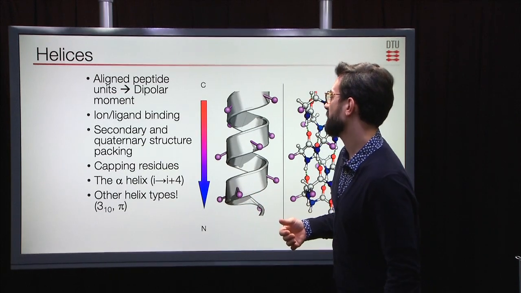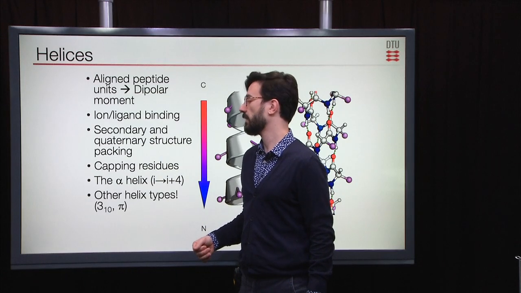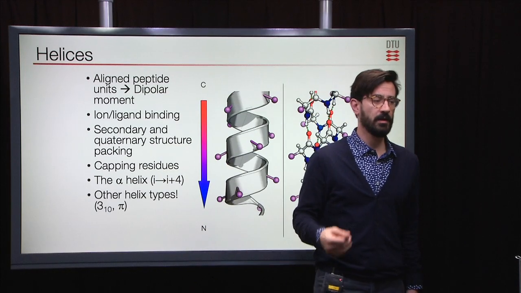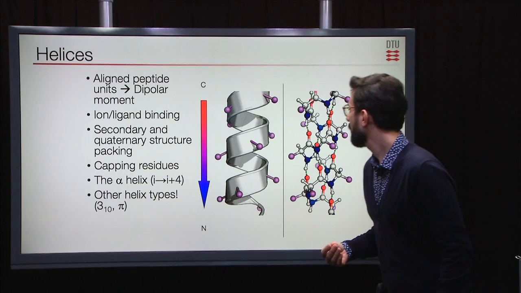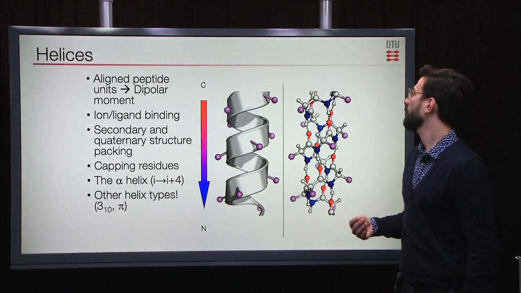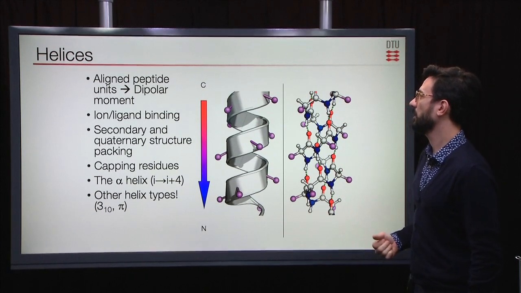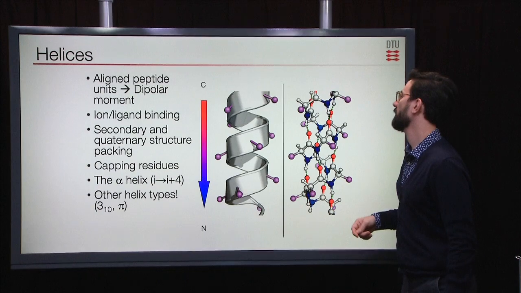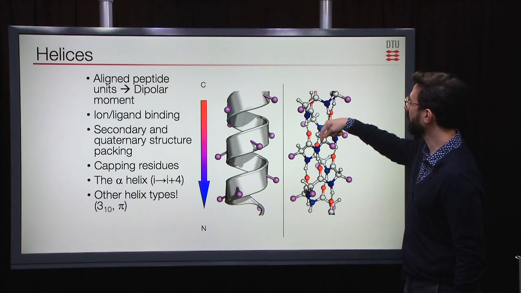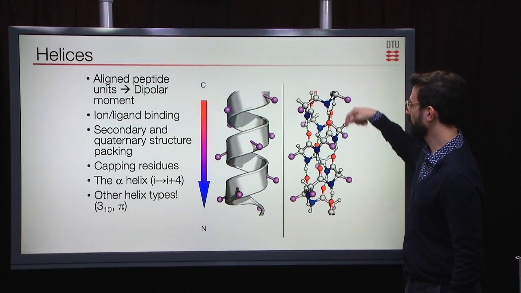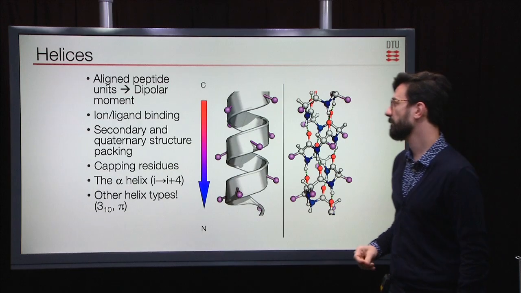There are other types of helices, most notably the 3-10 and the pi helix, that are defined by different interaction patterns. As you can see, the alpha helix creates an alignment of all the backbones, so that all the nitrogens are pointing in one direction and all the oxygens in the opposite direction.